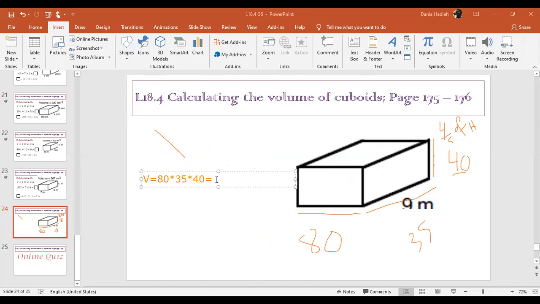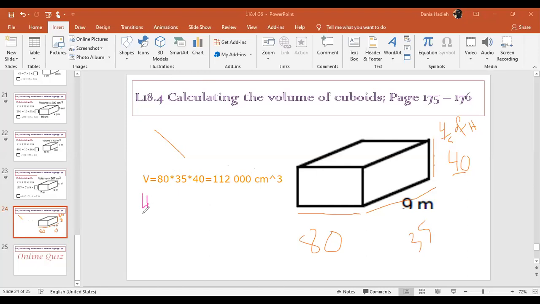So I'm going to write this is 112,000 centimeter cubed. Now, the next step, they didn't say that all of the tank is full. They said 4/5 of it, which means I will multiply, but I'm going to write it normally.